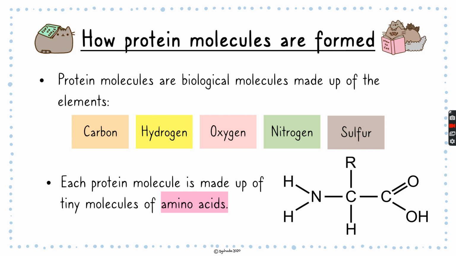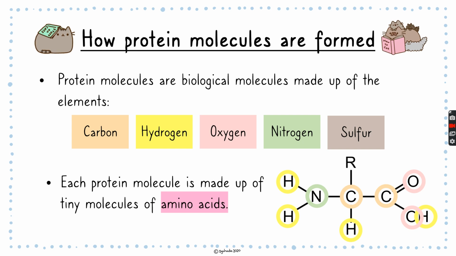So these are smaller molecules. This is the molecular structure of one amino acid. You can see there's carbon right here, and then you can see the hydrogen right there, and then you have your oxygen, nitrogen, and the R group is actually called the radical, and this is what makes amino acids very special and proteins very special too.